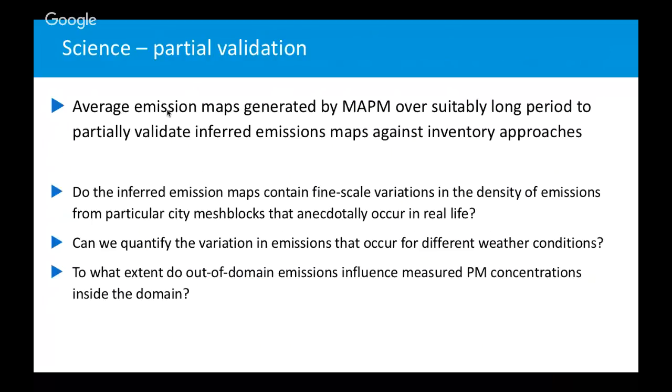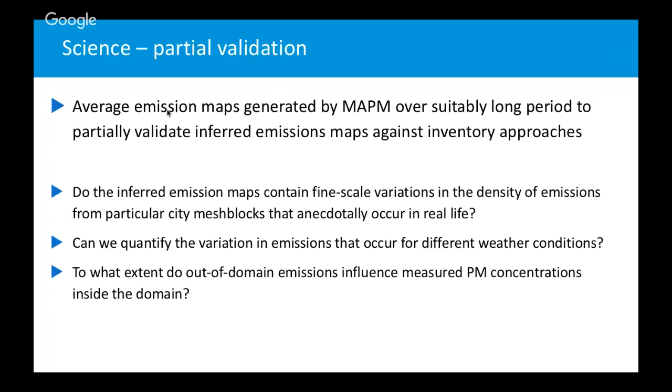And then we can see if there are fine scale features in there that we know occur in real life. Can we quantify the emissions that occur for different weather conditions? And to what extent do outer domain emissions, say burning in the agricultural areas surrounding, influence the concentrations inside the domain?